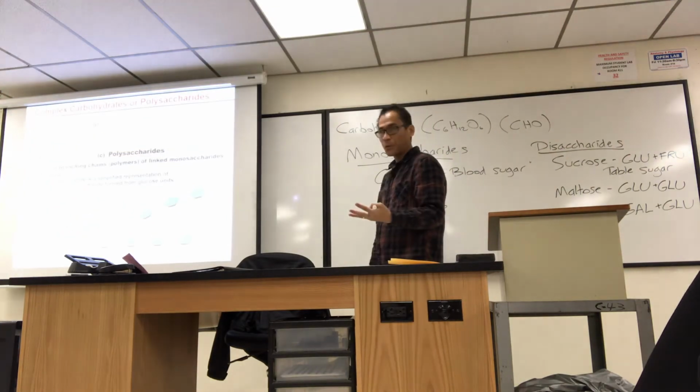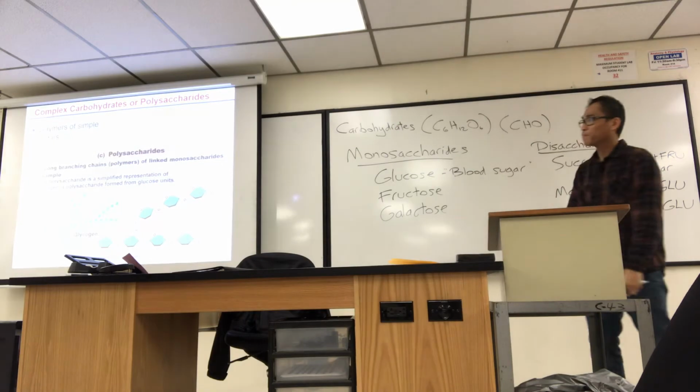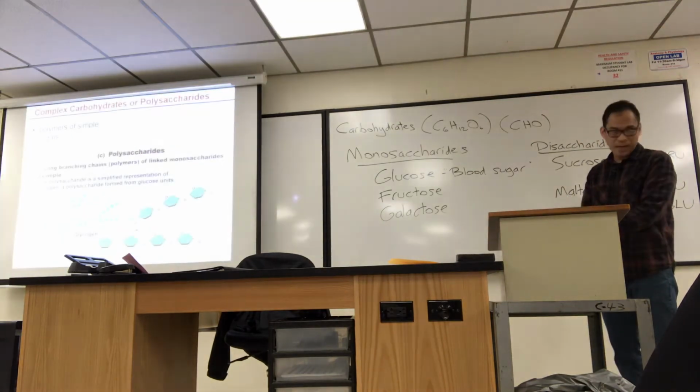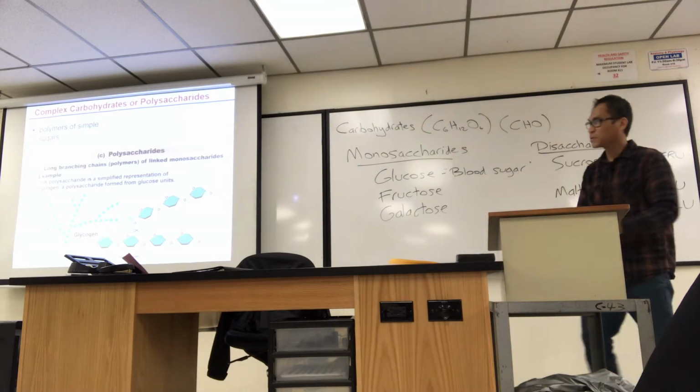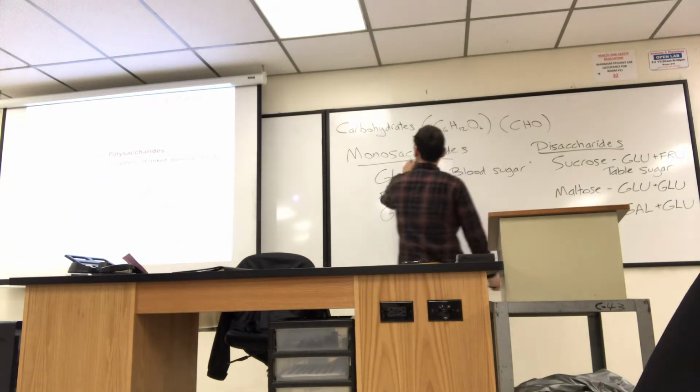Well, the way the body stores it, you consume sugars, and your body stores them. We call them polysaccharides. Really, it's starch in plants, glycogen in humans. So let's put that down. It's a storage form of carb.